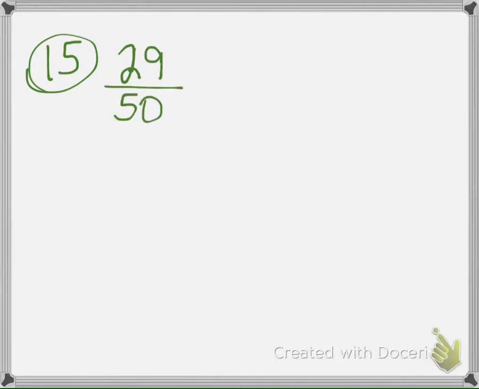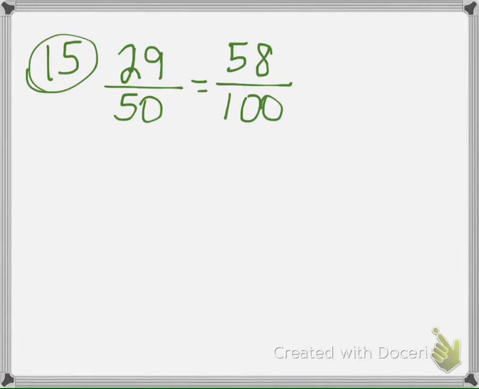Okay, and number 15, we had 29 over 50. And we multiplied that by 2, so we got 100, and that was 58 over 100, right?